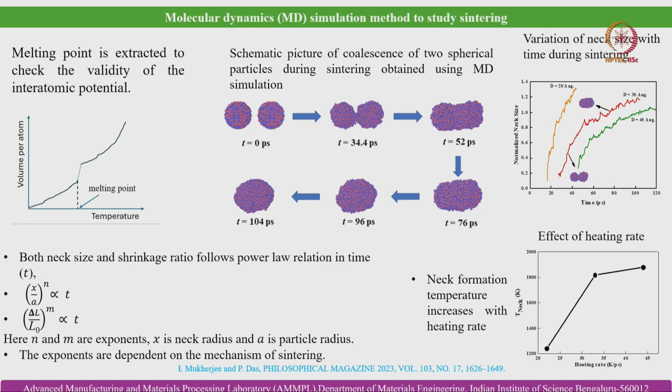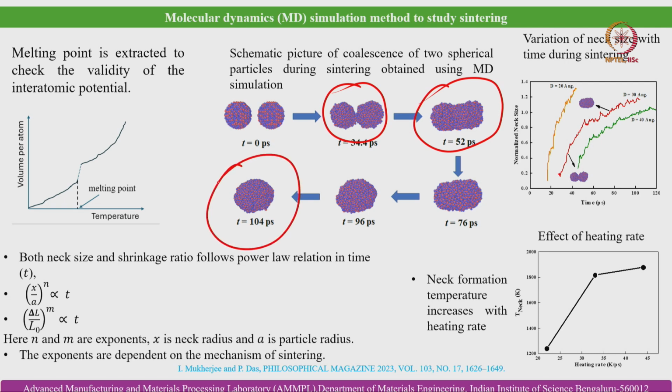Now, let me show a typical case study from our own work with alumina nanoparticles, nano powder. I have already explained, while discussing the powder metallurgy module, the coalescence between two spheroidal powder particles, and then subsequent initiation of neck formation, neck growth, and finally full coalescence of the neighboring powder particles.